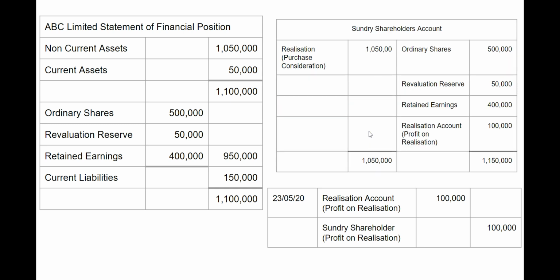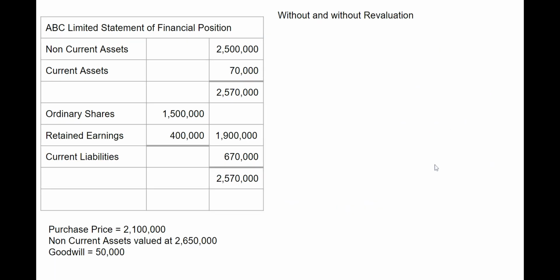And similarly, on the Sundry Shareholder account, we would have the revaluation reserve showing in the Sundry Shareholder account, but we would have the new lower profit on realisation because the shareholders, once we did the revaluation, were owed that extra 50,000. I've done a question for my students to have a go at.